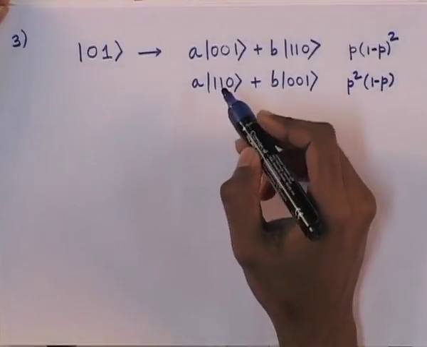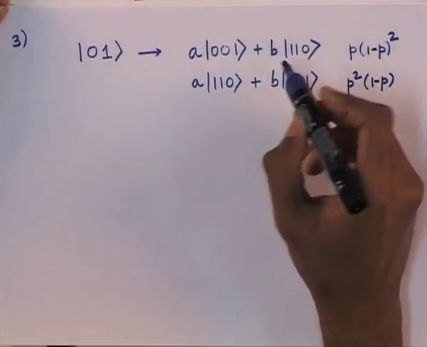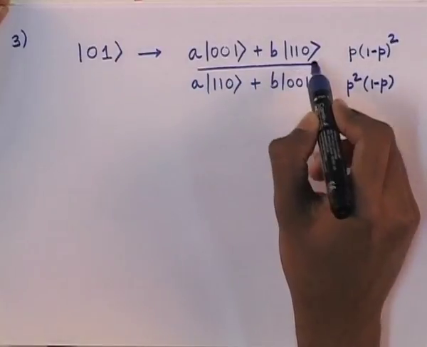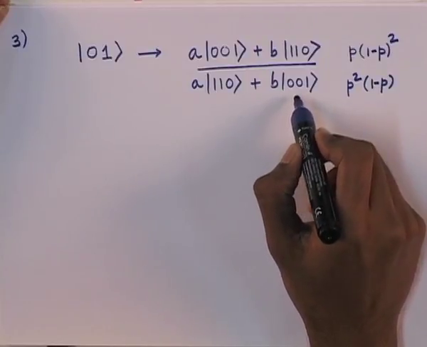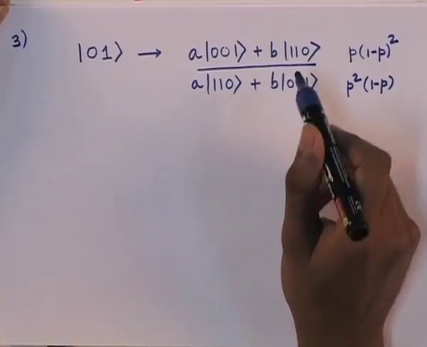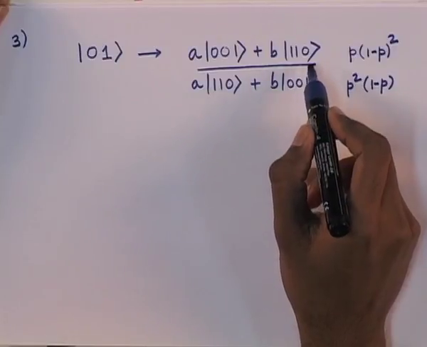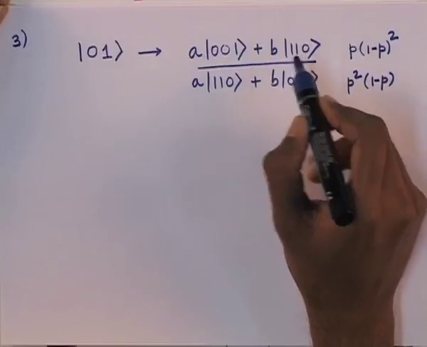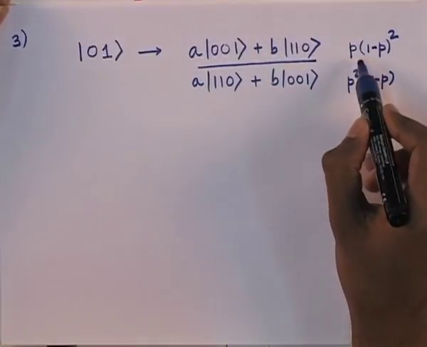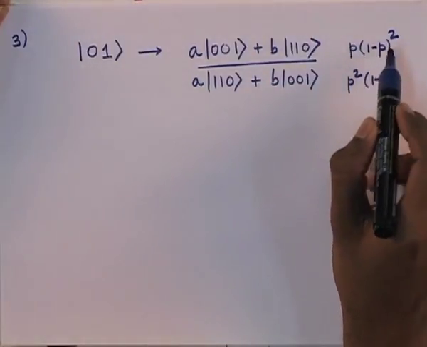Error corrections are taken as if we have obtained the first state, so the second state completely goes into the error case. To obtain an error-free output, we should be getting this state, which has a probability of p times (1 minus p) whole squared.